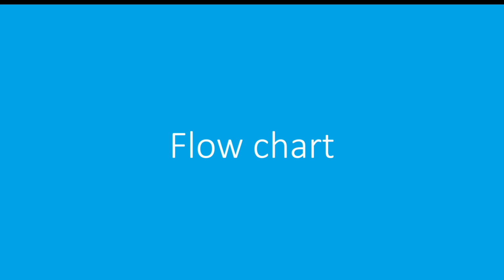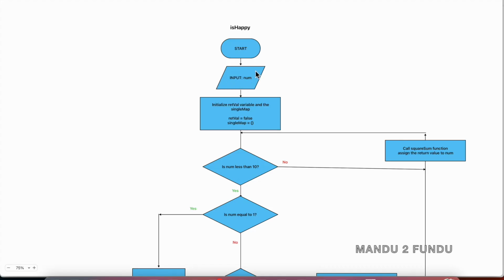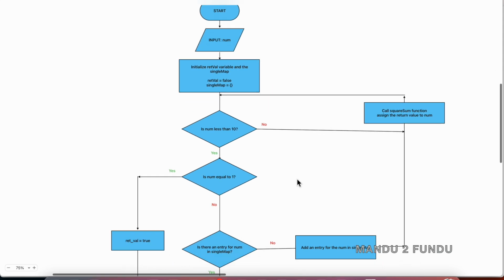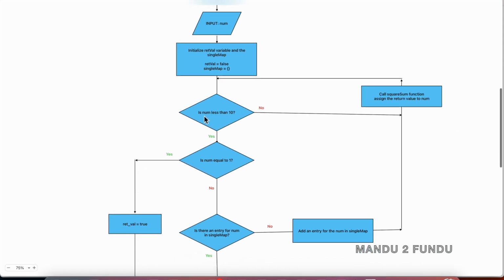Let's look at the flowchart. Input for this procedure is an integer num. First we initialize the return value variable to false and initialize the num map with an empty map. Then we check whether the number is less than 10. If that is true, then we check whether that number is equal to 1.